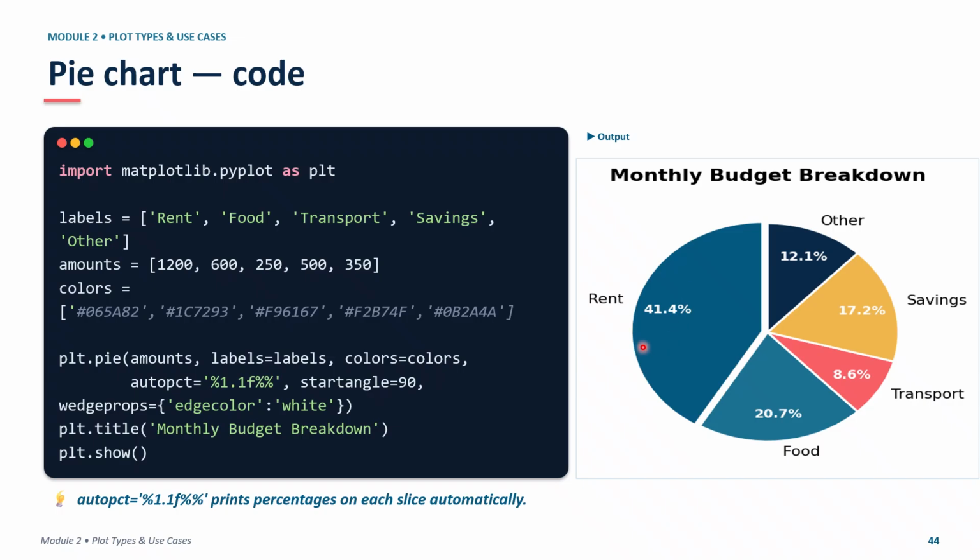For rent you get 41.4, and for other you get 12.1 percent. Without this you get a chart with no numbers, and the whole point of a pie chart is to show the proportions. You can use the starting angle as 90. So this is how you make the pie chart.